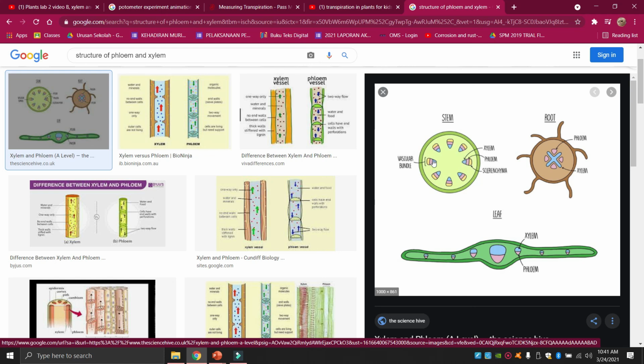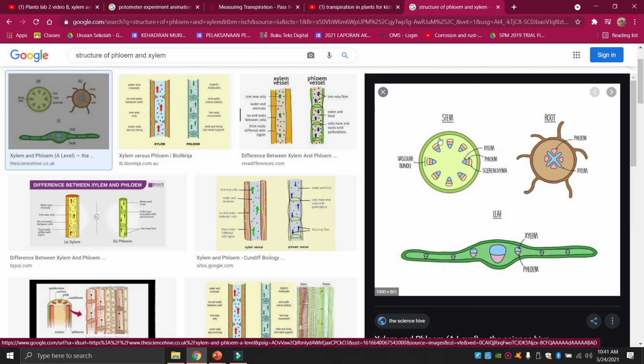So this is for the stem. For the root, also the same: xylem is the inner part and phloem is the outer part. And for the leaf, xylem is on the upper part, phloem is on the lower part. You have to remember the structure, because sometimes they will ask you to label, and they will ask which is the xylem and which is the phloem.